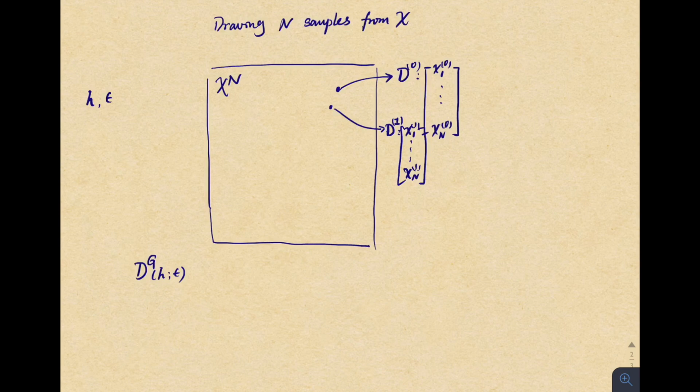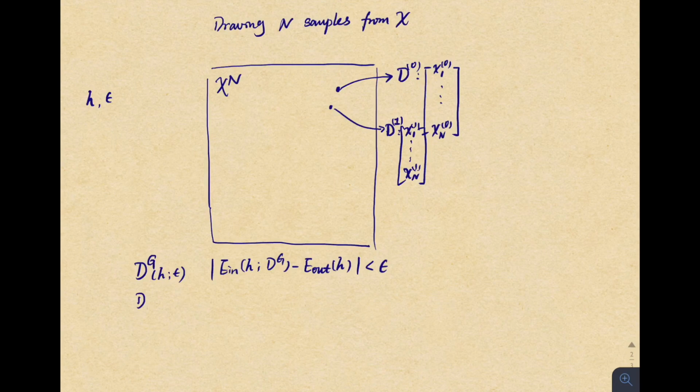That is, the in-sample error evaluated for this hypothesis on a good data set deviates from the true out-sample error of that hypothesis by less than the tolerance.